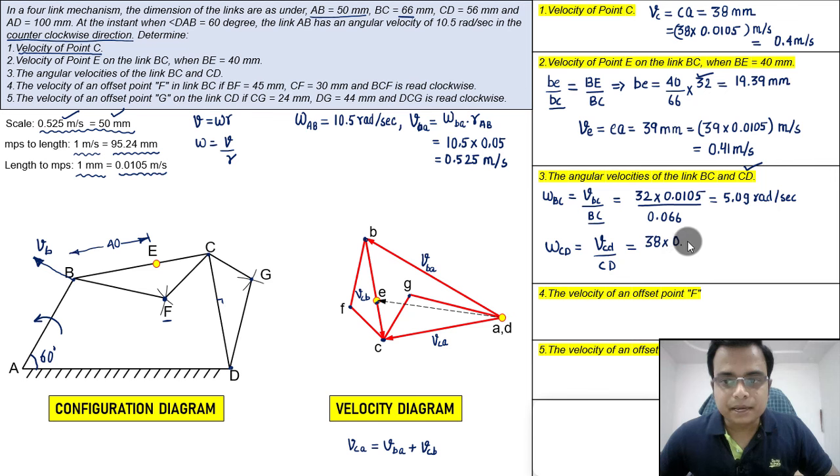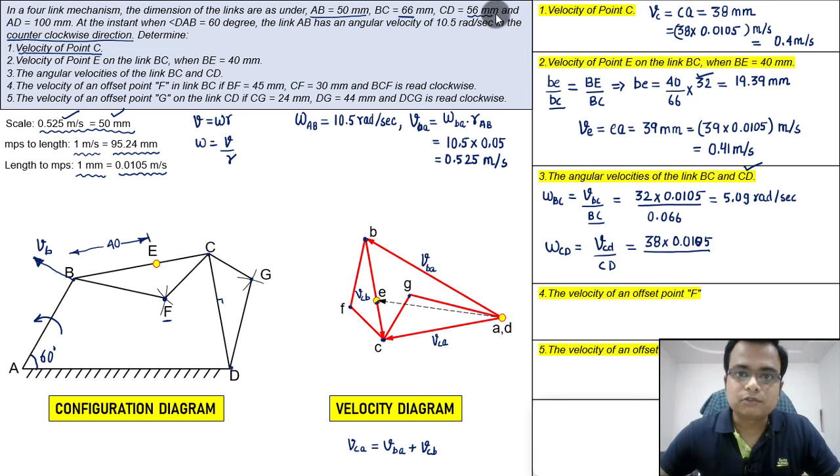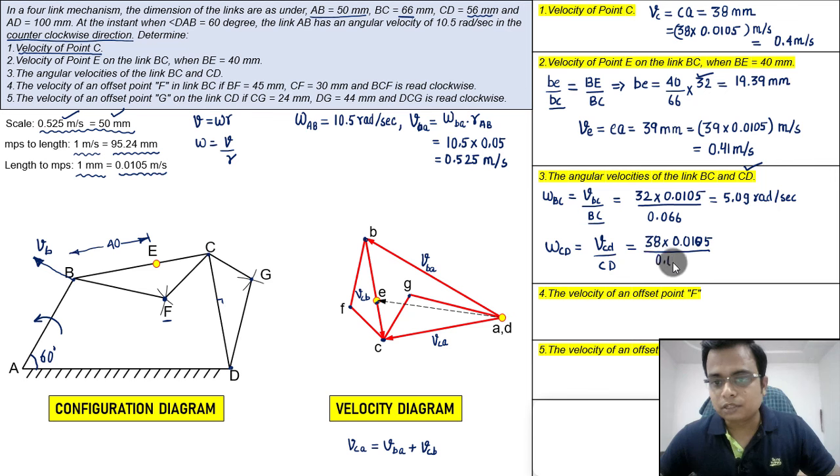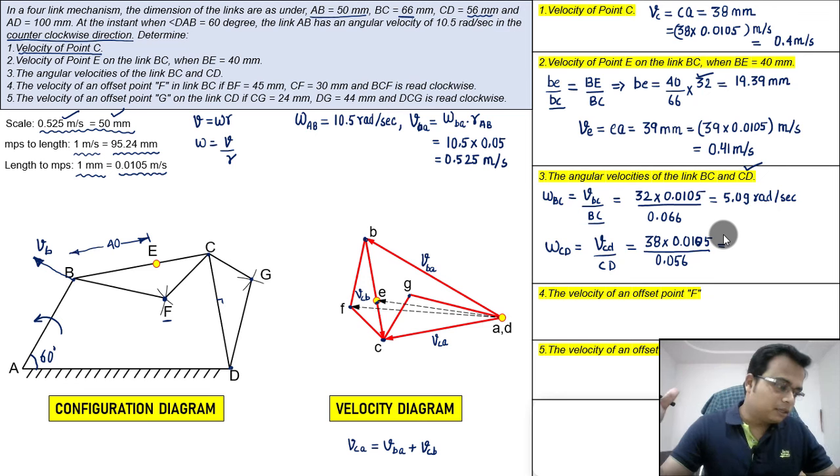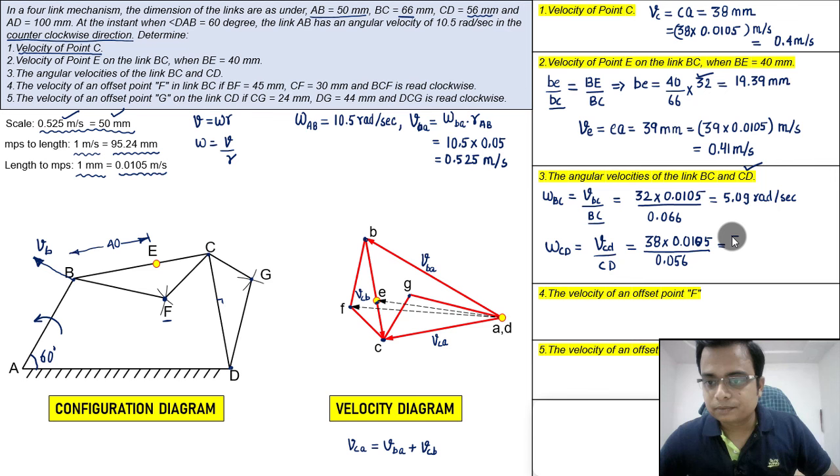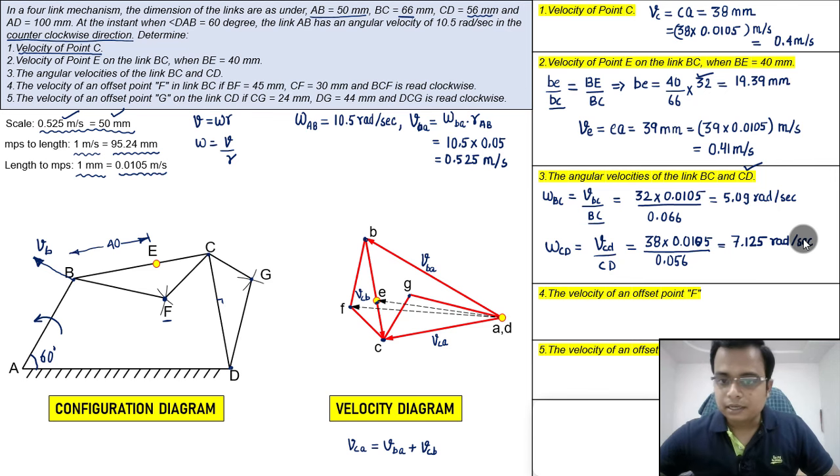You just multiply that by the scale, 0.0105, you will get this converted into meters per second, divided by CD. What's CD? That's 56 millimeters, and you just put this value 0.056 in meters. Just do the math. This is going to work out as 7.125 radians per second. So that's it, guys.